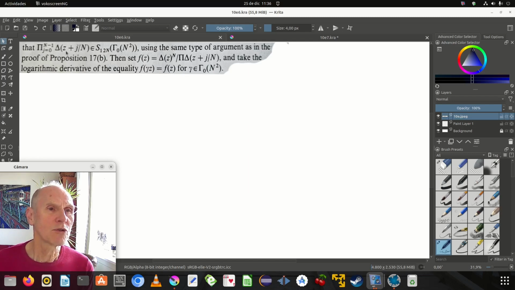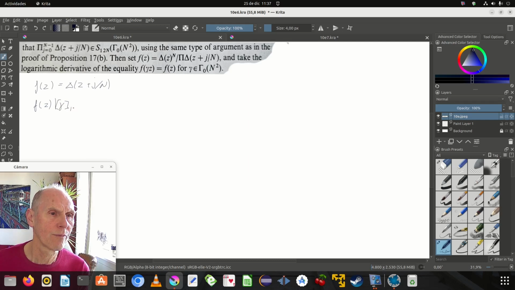First, we need to show that the translations satisfy a condition of formula 3.8. So if we have a function that has the right format, infinity.